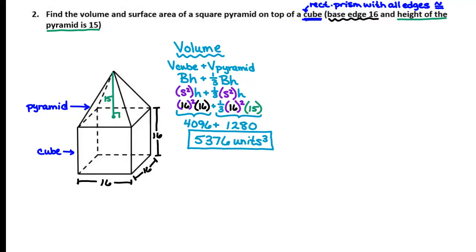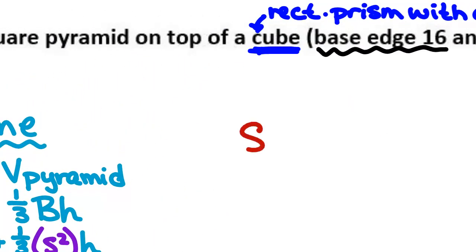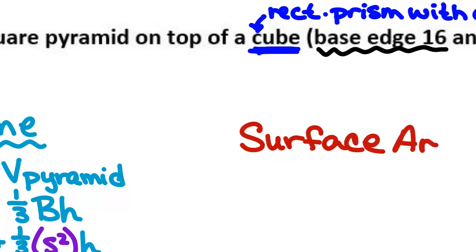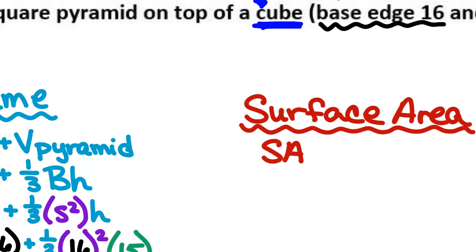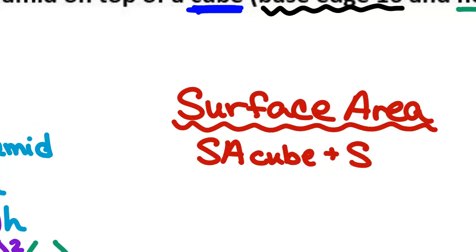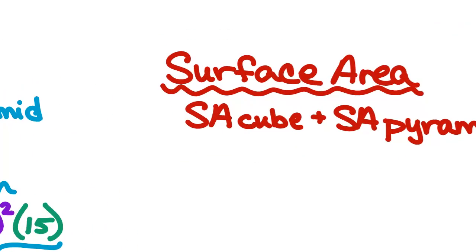All right, now our surface area. We need surface area of the cube plus surface area of the pyramid. What is my formula for the surface area of the cube or a rectangular prism?